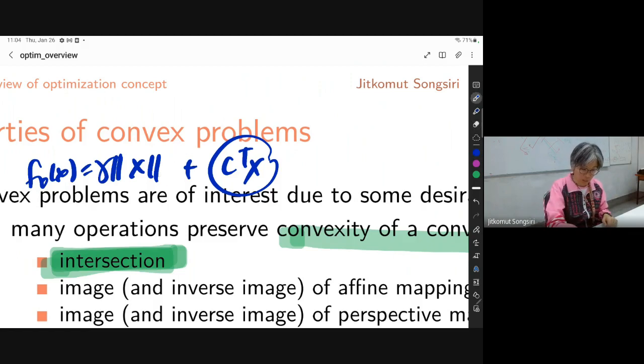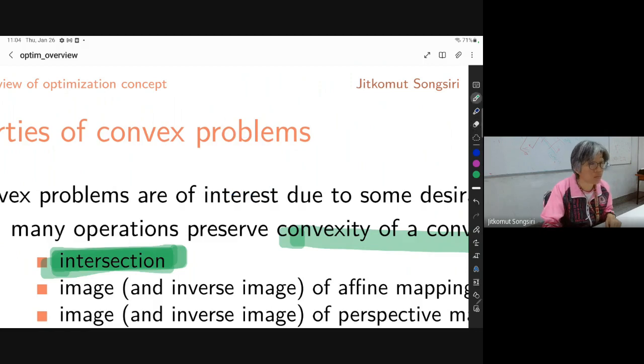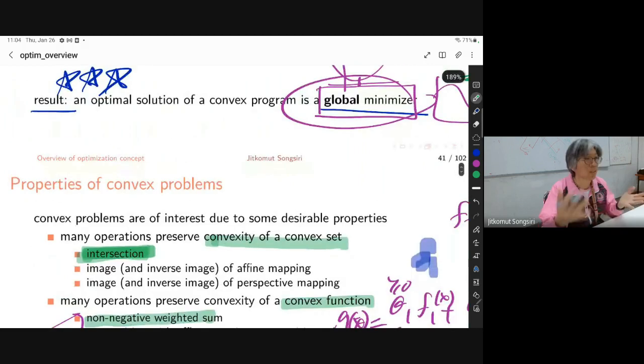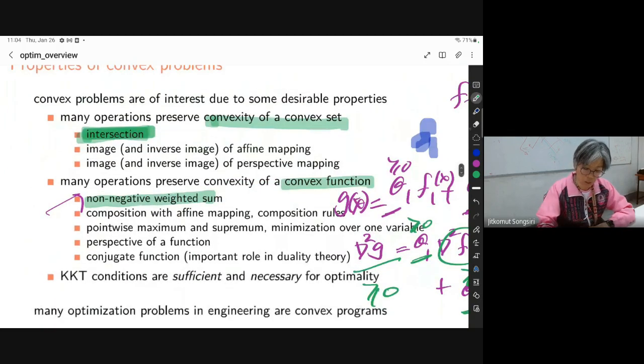Norm one. Any norm function is convex, all right? So the total is convex only if my gamma is non-negative. What else? Maybe just that, use this to conclude.